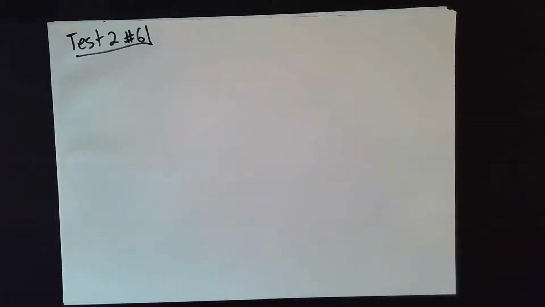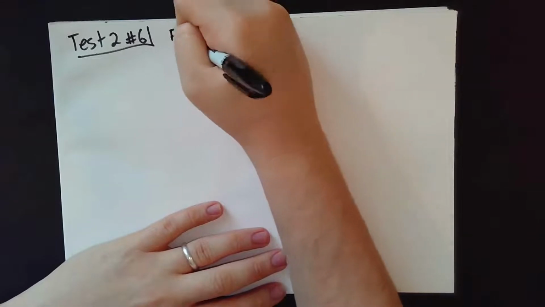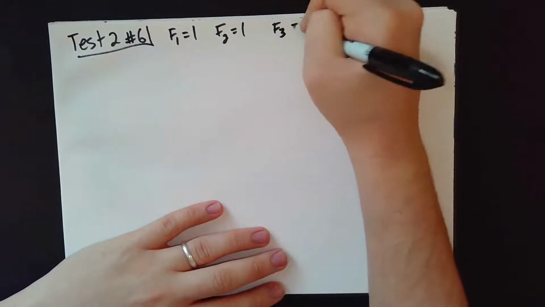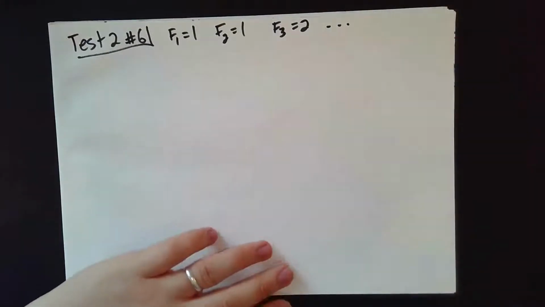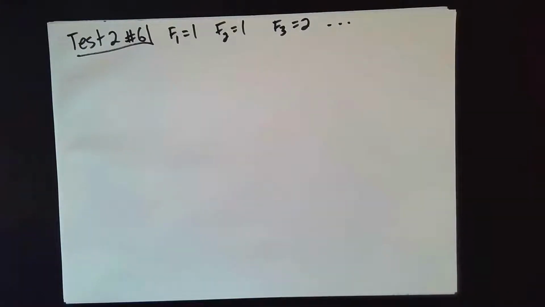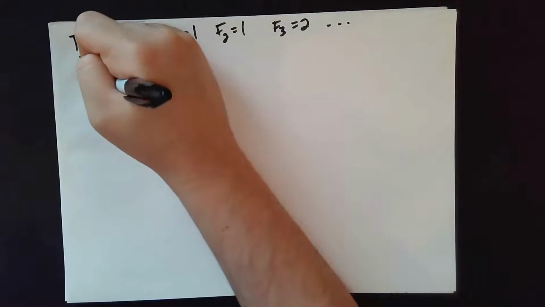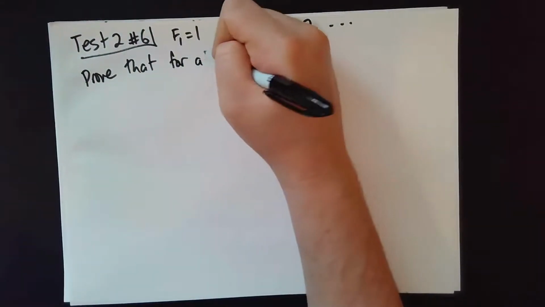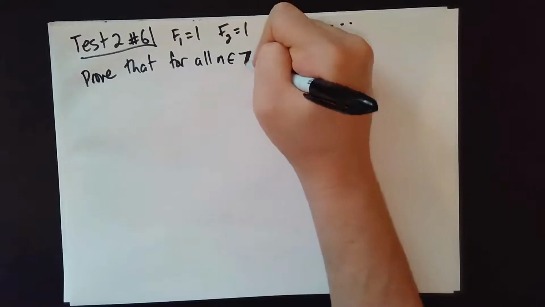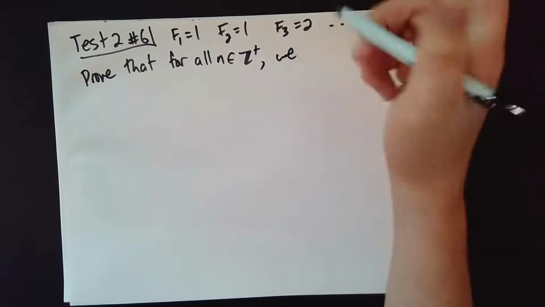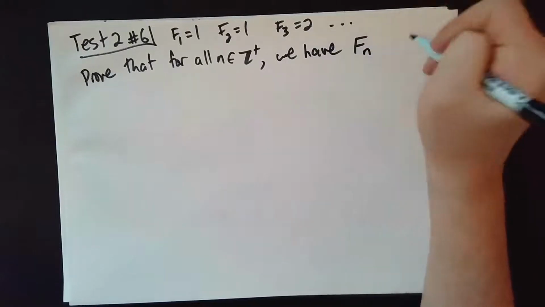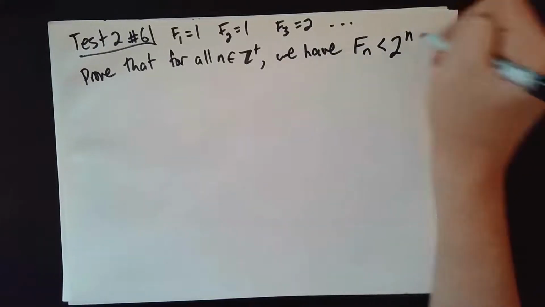Okay, so here we're given our friends the Fibonacci numbers. And we want to prove that for all n in Z plus, we have that the nth Fibonacci number is less than 2 to the nth power.